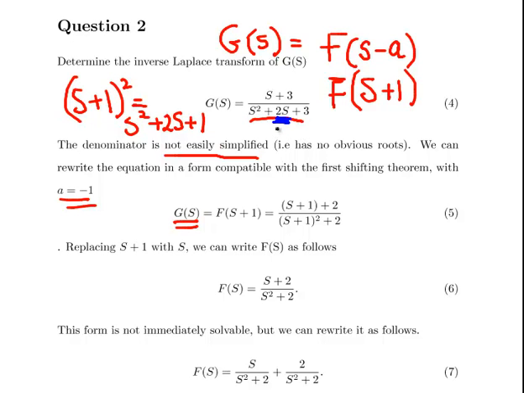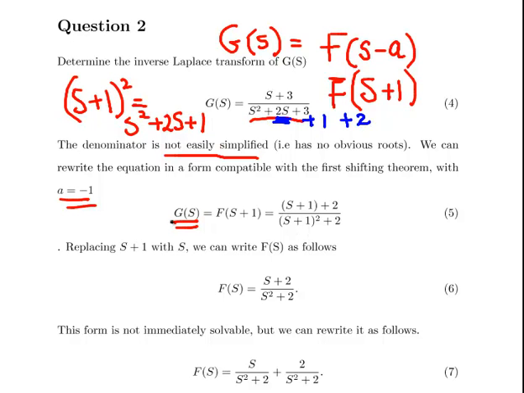So s squared plus 2s plus 1 is s plus 1 squared. So essentially we can write this as s squared plus 2s plus 1 plus 2, that is plus 1 plus 2 instead of the 3 there.